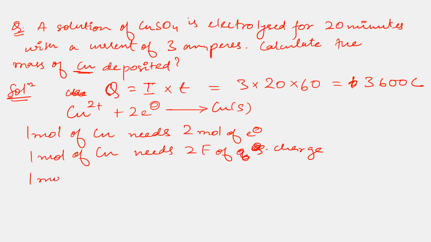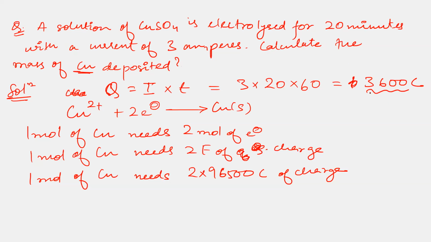That means 1 mole of copper needs 2 into 96500 coulomb of charge, right? Now, how many coulombs of charge do we have? 3600.